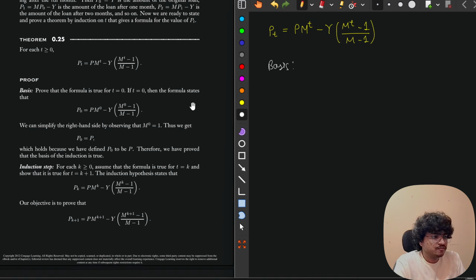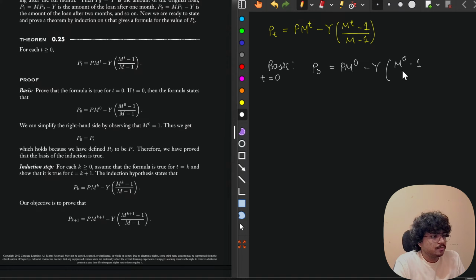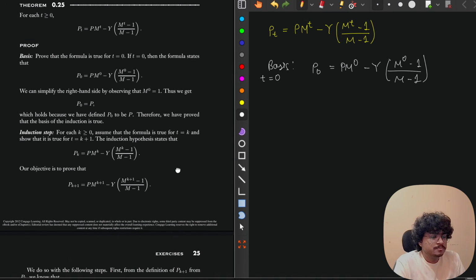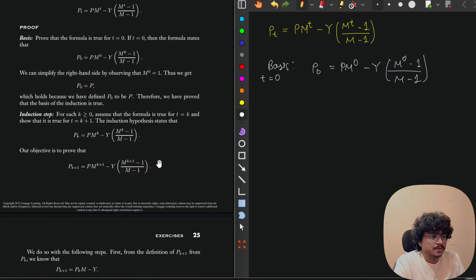If T equals 0, that is basically the first case, and the formula states P times M to the 0 minus Y. We can simplify the right-hand side by observing that M to the power 0 equals 1.